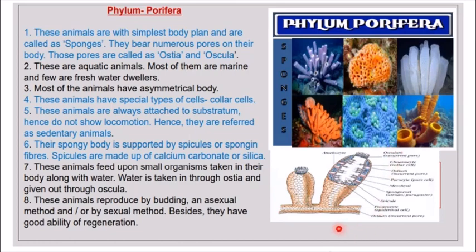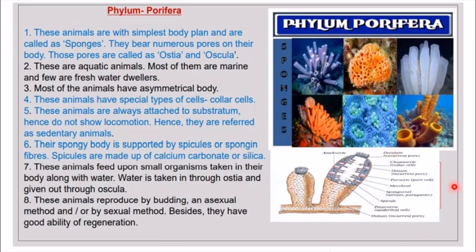When the water enters, it contains many small organisms, carbon dioxide and other gaseous substances that are taken in through the ostia. Whatever is required is taken in, and what is not required is given out from the osculum. So we have two things, the ostia and the osculum.